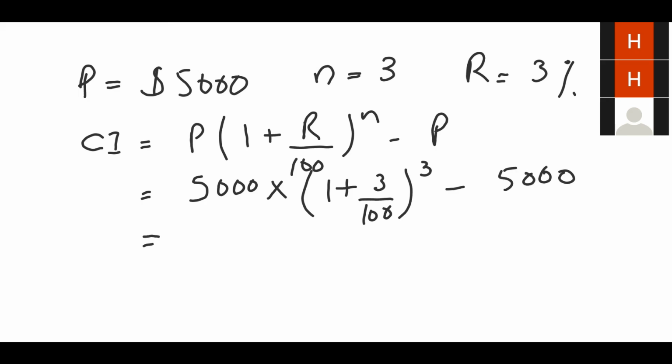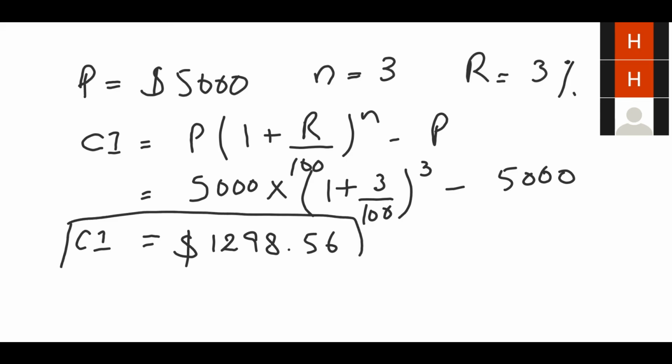Are you supposed to use the calculator in the exam? We are allowed to. Okay, perfect. So putting all of this in the calculator, we get the answer of $1,298.56, which is our compound interest over a period of 3 years.